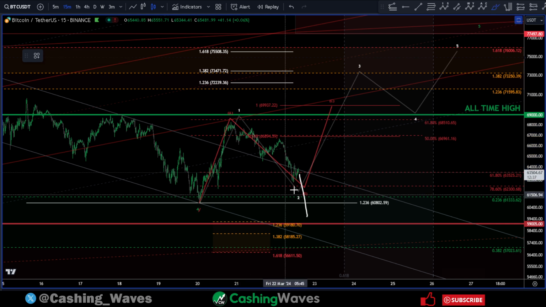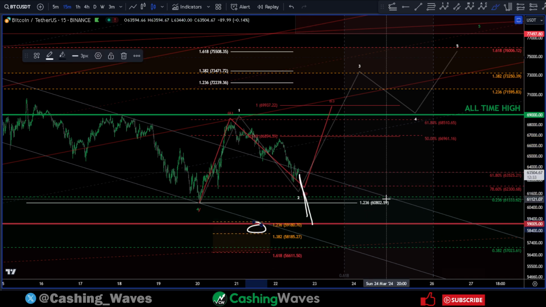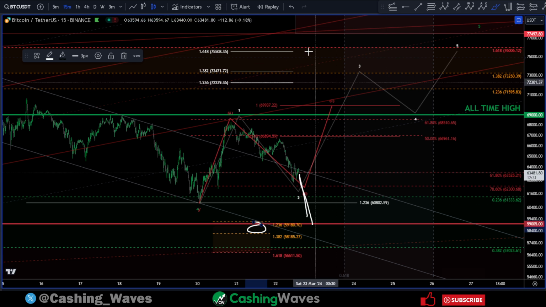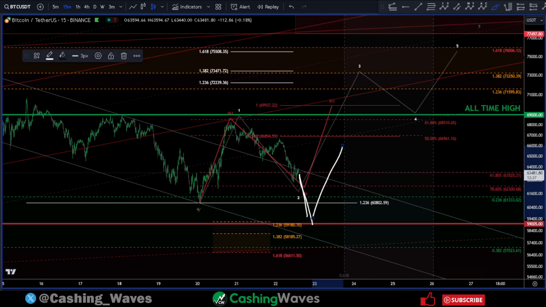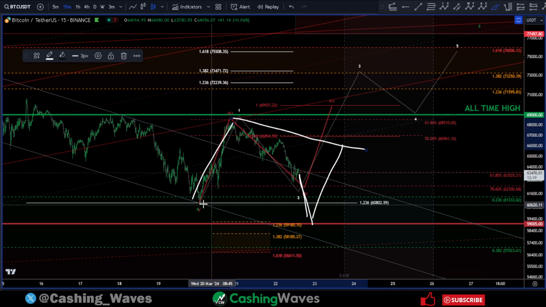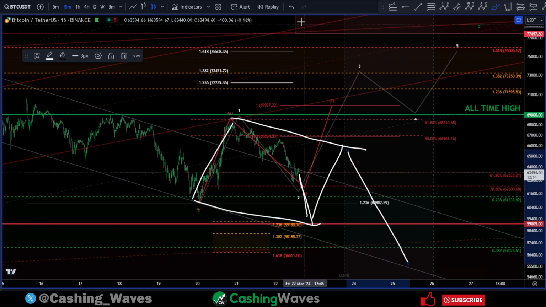And we can come all the way down to this zone between the 1.236 and 382 at 58,185 and 59,180. Come back, make a 1-to-1 of this previous move. So lower low, but we make a lower high. This becomes a correction in itself, and then we get continuation to the downside.